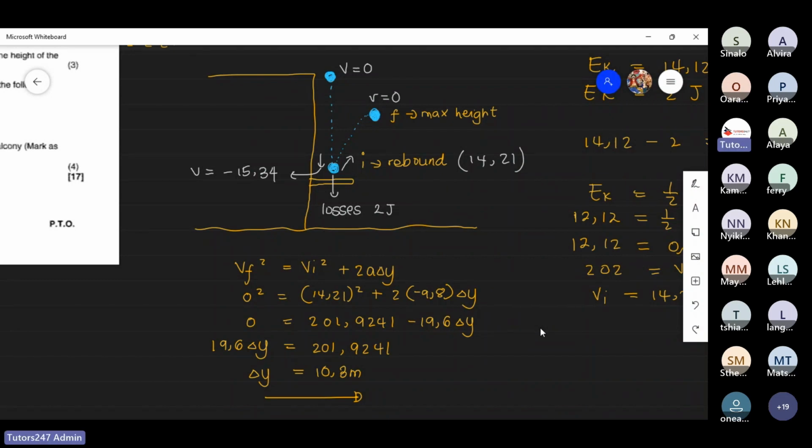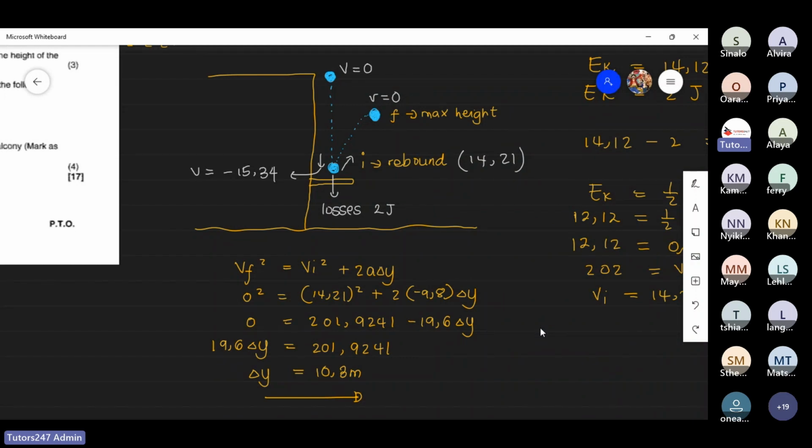So let's ask ourselves, if we go from the balcony to the maximum height, are we moving in an upwards direction, or are we moving in a downwards direction? As you can see, to go from balcony to maximum height, that is an upwards direction. That is why our displacement ended up being positive. So always keep that in mind.